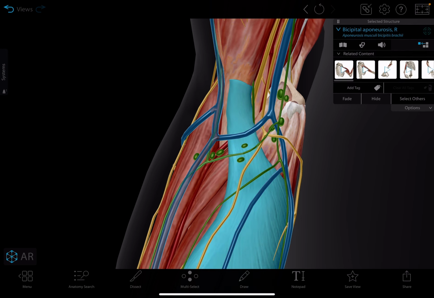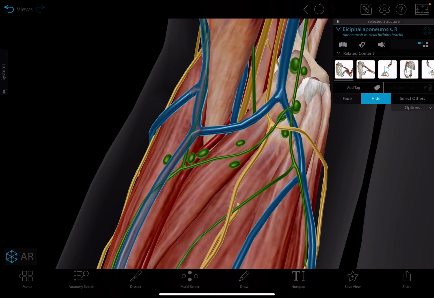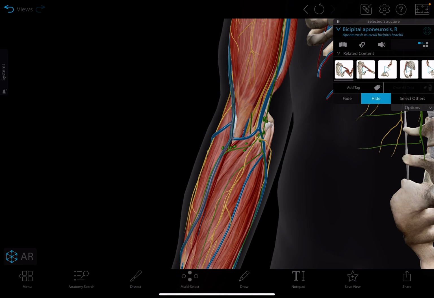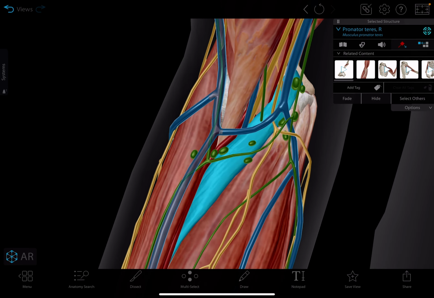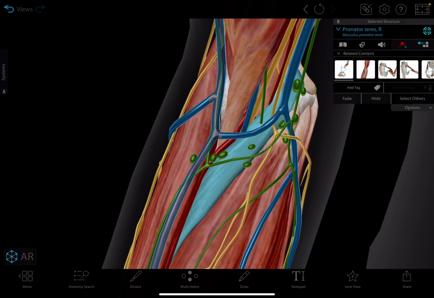Now let me remove the bicipital aponeurosis, and take a look at the boundary. This is the pronator teres muscle, which is one of the superficial flexor muscles of the forearm, and here is the brachioradialis.